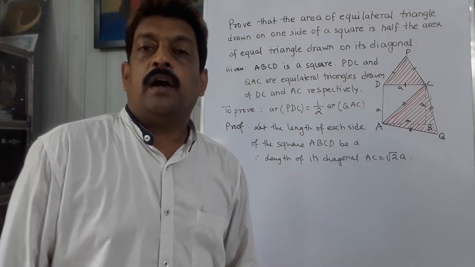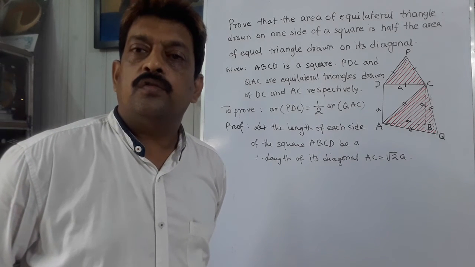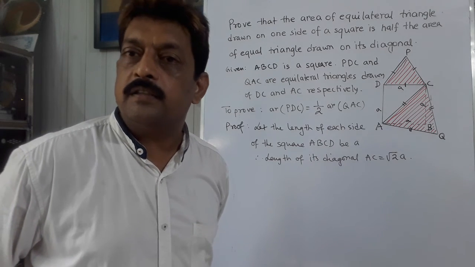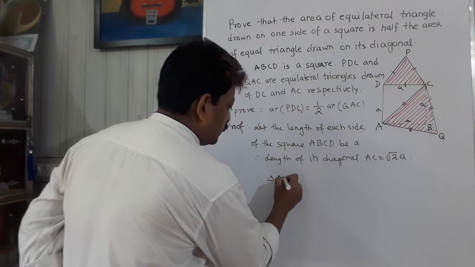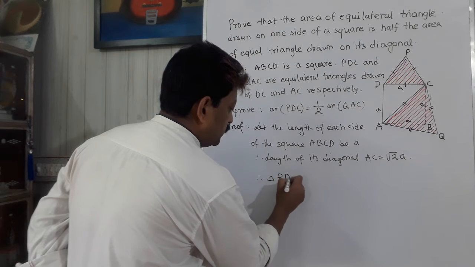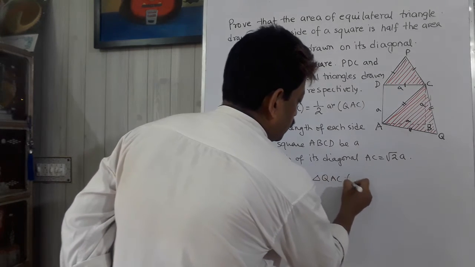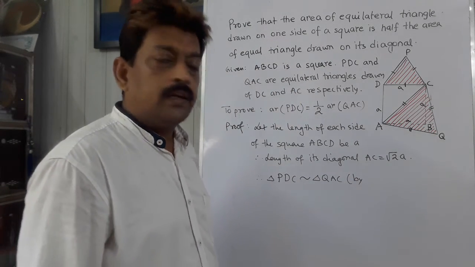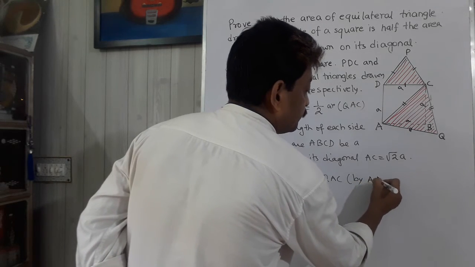Triangle PDC and triangle QAC are equilateral triangles, so they are similar because we know all equilateral triangles are similar. So we can say triangle PDC is similar to triangle QAC. Since all the angles of an equilateral triangle are equal, we can use the criterion AAA.